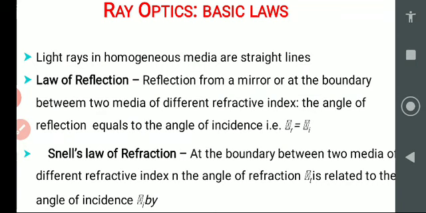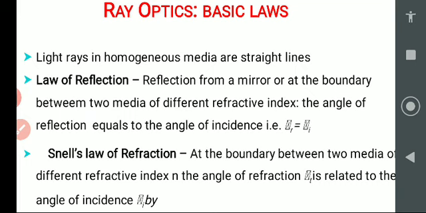This is very important. The angle at which the light strikes the surface of the mirror with respect to the normal is called the angle of incidence. The angle of incidence determines whether the incident light will be reflected back into the core or refracted out of the core.